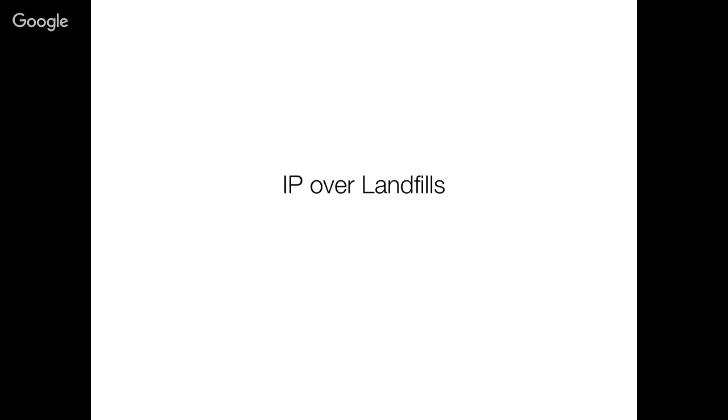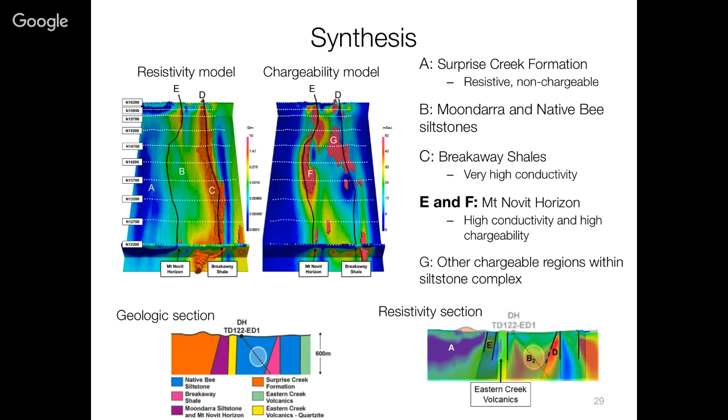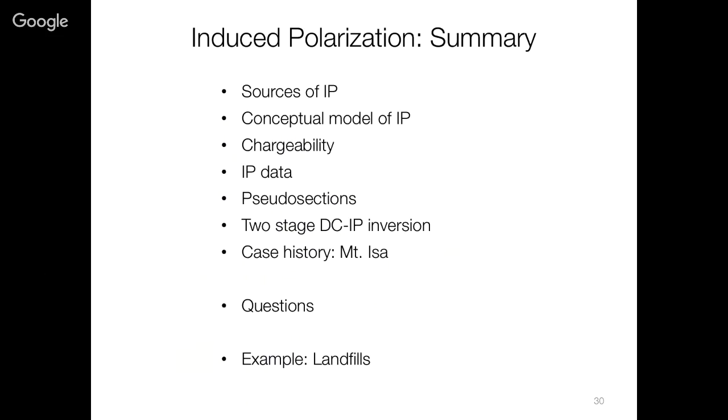Quick question about the IP there. If the IP is a perturbation of the DC resistivity, would it make sense to use the IP model to go and back that out of the resistivity? Or is that effect too small? For most times, that's pretty small, because a chargeability of 0.1 or 0.15 is actually pretty significant.